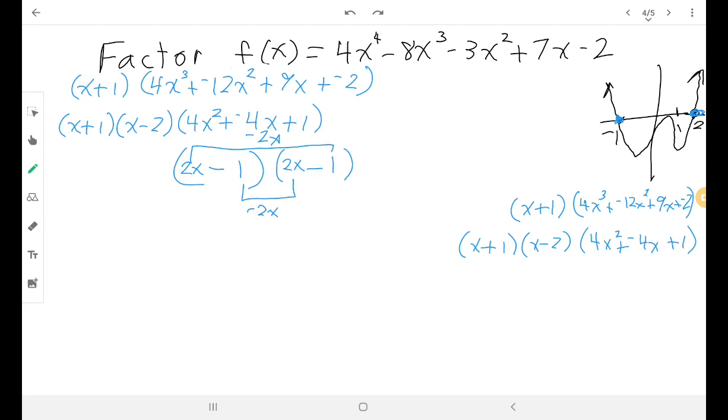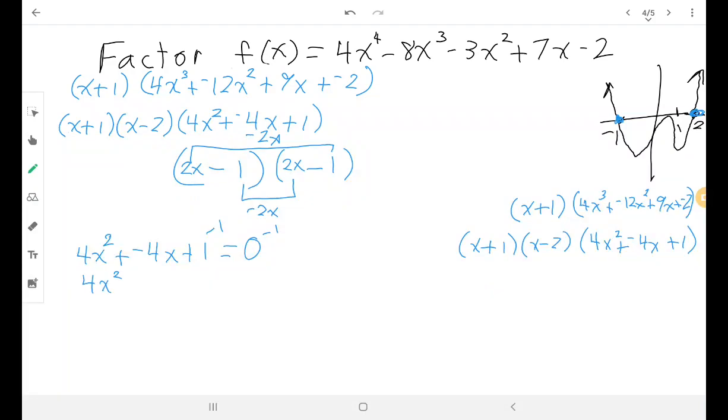Now, if you didn't know that, here's the other way you would have done it. You would have said, let's do 4x squared plus negative 4x plus 1 equals 0. And let's solve that by completing the square. In order to set it up to complete the square, I need to factor a 4 to the front and get rid of it. Before I do that, I'm going to move the constant to the other side.